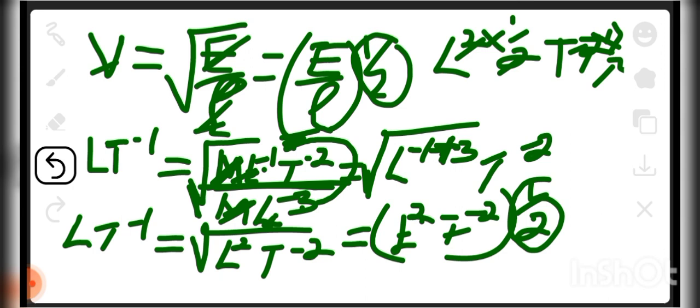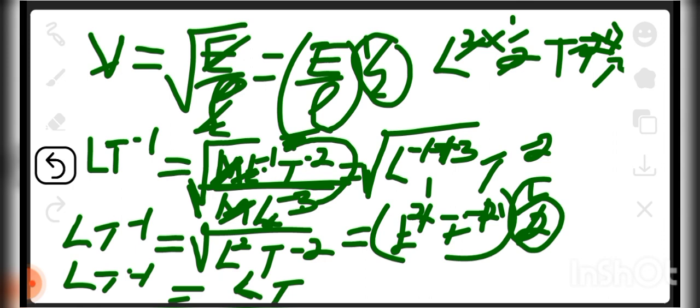Only one will be left here, then one will also be there. So we'll now be having L T raised power minus 1 equal to L raised power 1, which is the same thing as L. Then T raised power, we have minus 1. Because if you have T raised power minus 2 times 1 over 2, we cancel this and are left with minus 1.